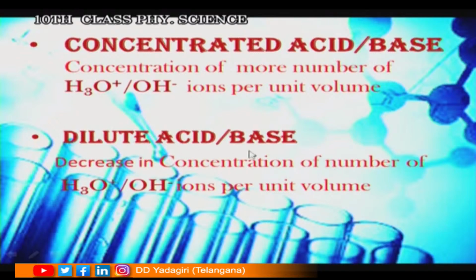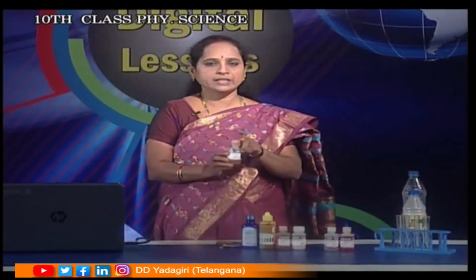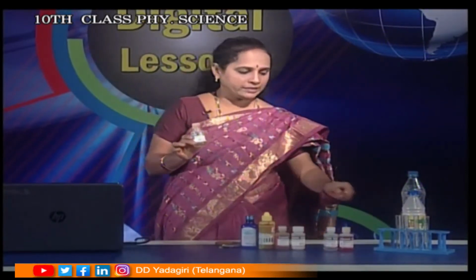Children, as we have seen, sulfuric acid is the concentrated acid, and when we have mixed it with water, this is dilute sulfuric acid. This is concentrated, it has more number of H3O plus ions per unit volume; this has less number of H3O plus ions per unit volume.